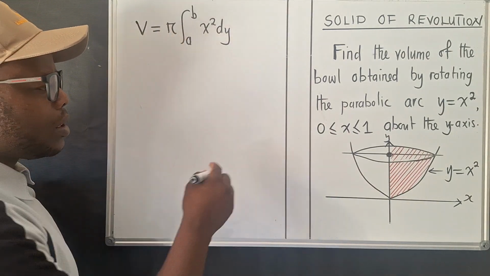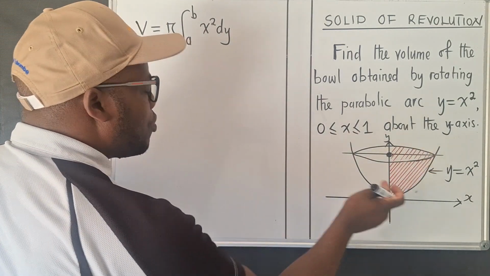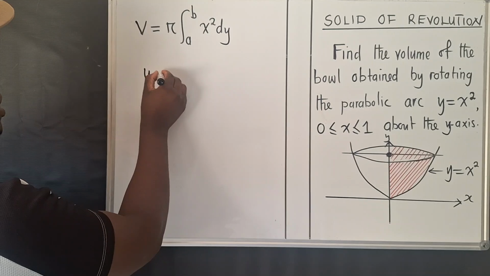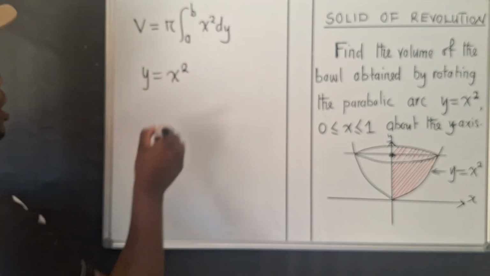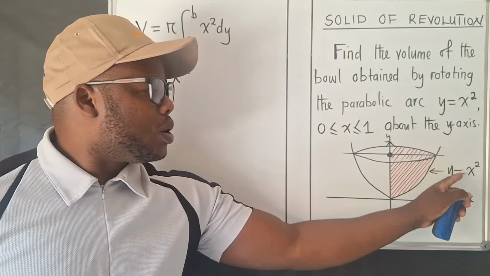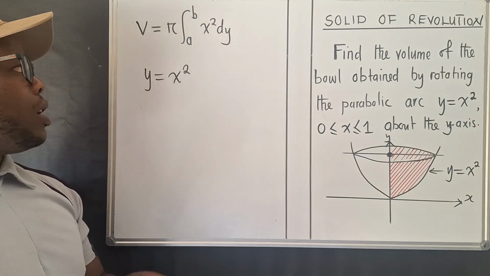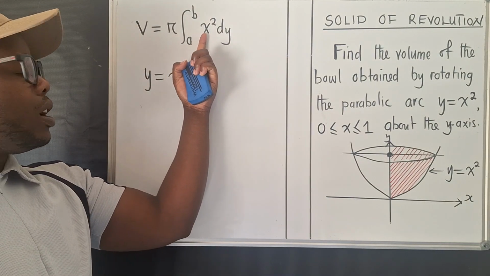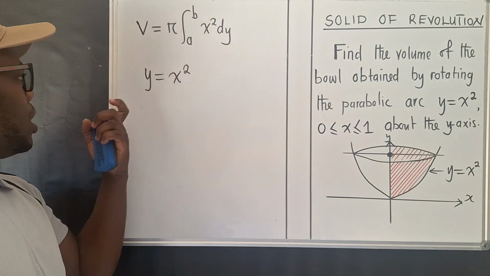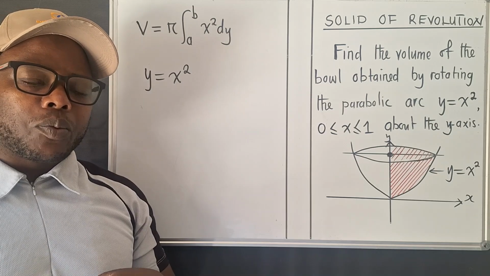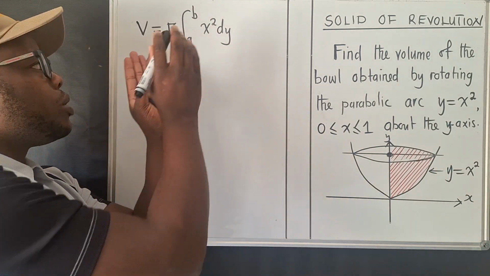Now we get the given curve, which is y is equal to x squared. And where there is x here, we are going to put the y. Now listen, we don't just get the y and put it here.